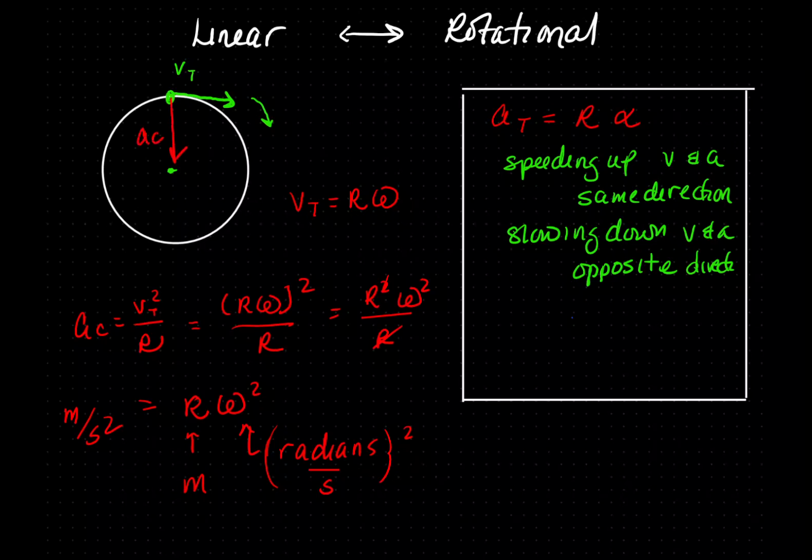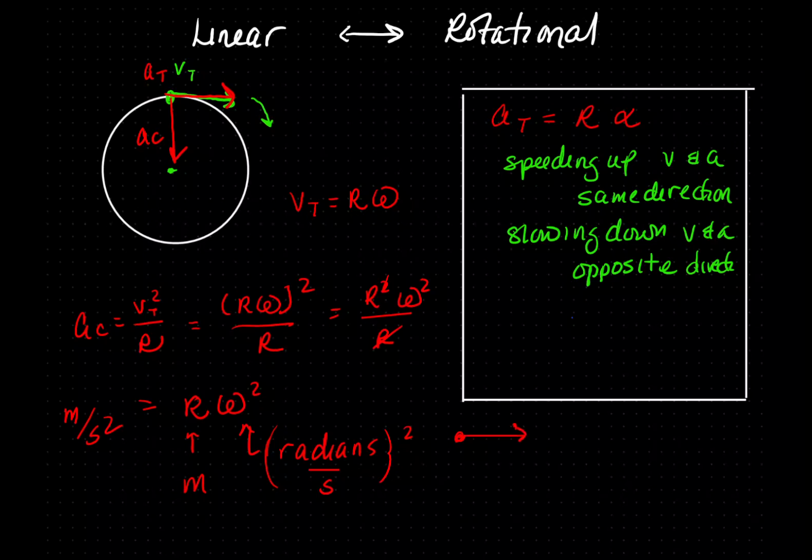So this is AC. If this object is speeding up, its tangential acceleration will be in the same direction as the tangential velocity. At this moment, or instantaneously, the tangential acceleration and the centripetal acceleration will be perpendicular to each other. So to find the resultant acceleration, you must use Pythagorean theorem.